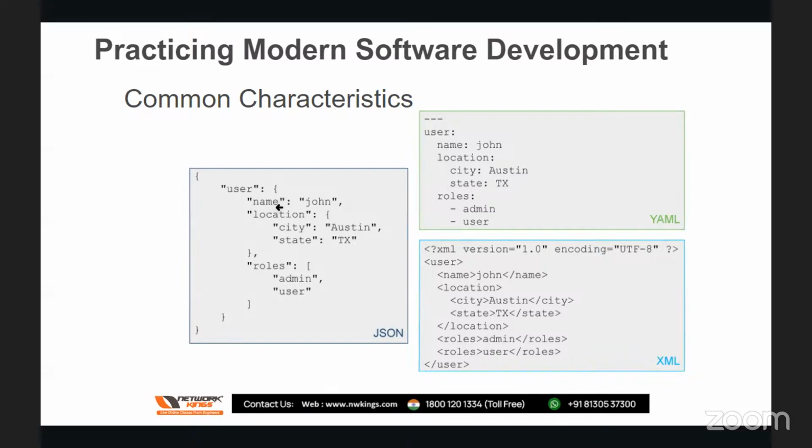Okay, and the same thing you can see in the YAML. When it comes to YAML, you have to remember a few things. Whenever you're starting a new YAML file, you have to include these three hyphens; that's mandatory. And similarly, when you are using YAML, you have to make sure to use these white spaces that you can see over here, that gap. In the case of JSON and XML, that's not required.